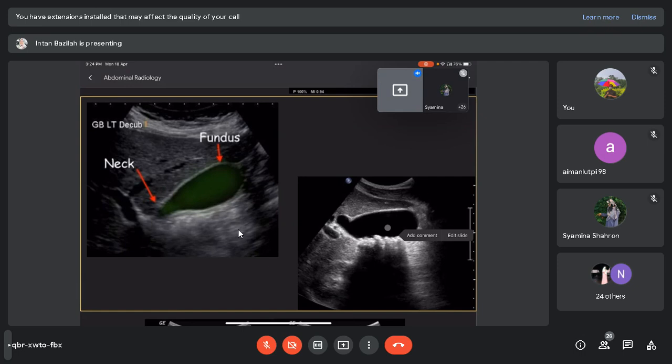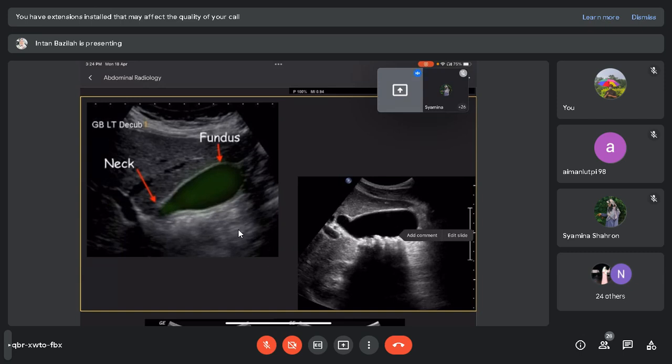If it's dark but not very dark, we call it hypoechoic, for example like this one. If it's bright, we call it hyperechoic, like this. So the gallbladder appears as an anechoic, elongated structure, well defined, like this one.